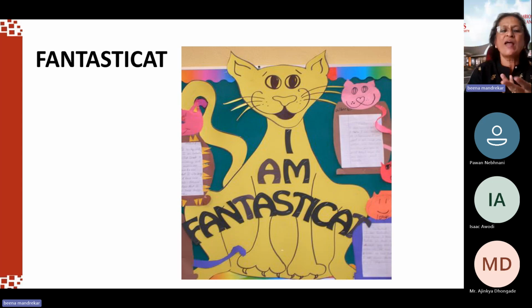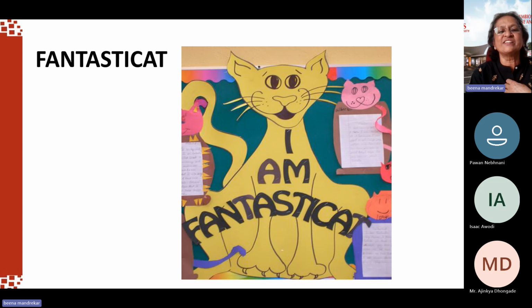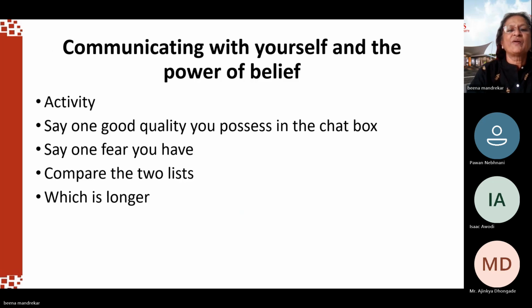That we can sing well, we can talk well, we can cook well, I can dance well, I can draw well, fantastically, not well, fantastically. These are our qualities. Put those qualities on the cat. Make a big list, not just three. And you will find the list growing every day with your belief, power of belief. Okay?